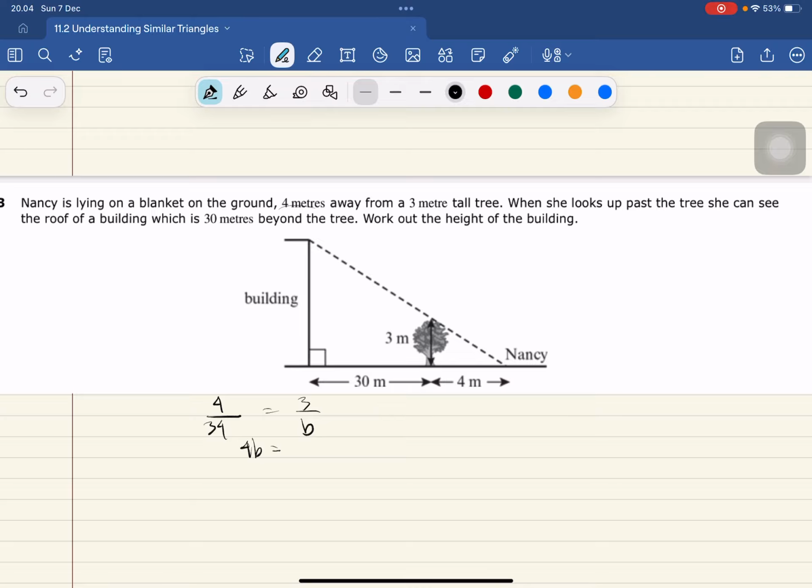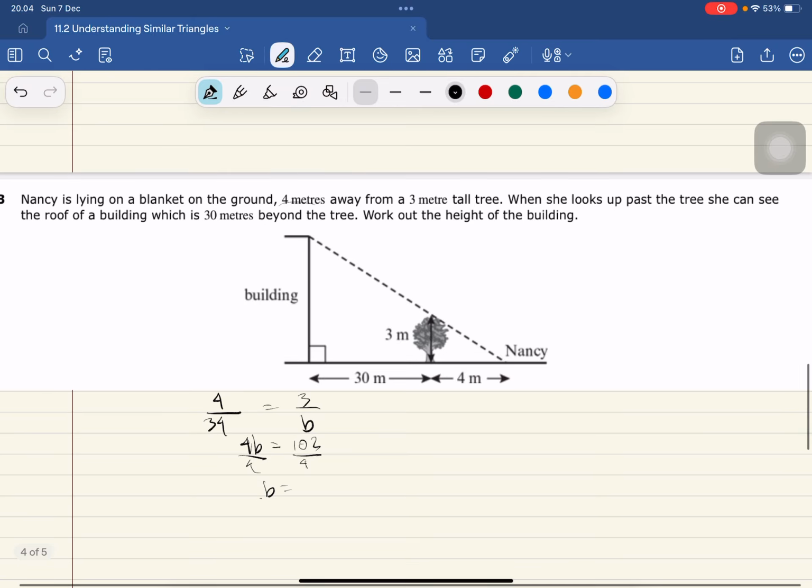So 34 times 3 is 102. So on both sides we divide by 4. So B equal to 102 divided by 4, which the answer is 25.5 meters. Why is this 34? Because the total of this length, 30 plus 4.